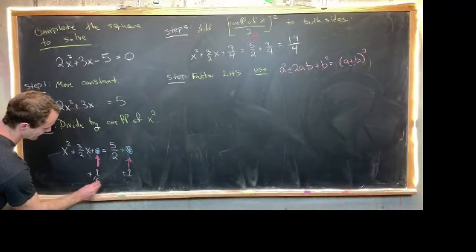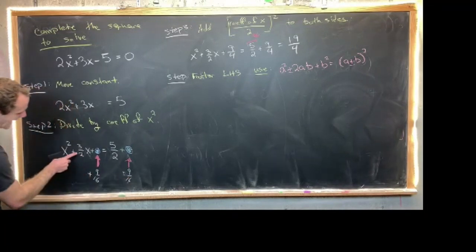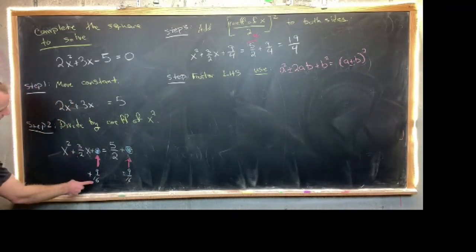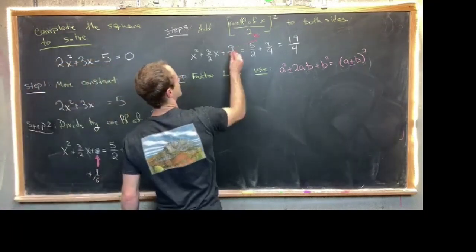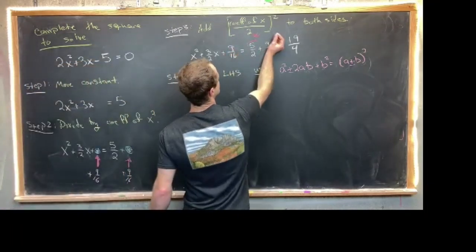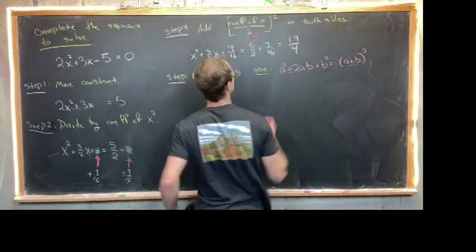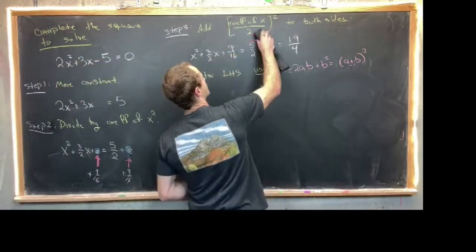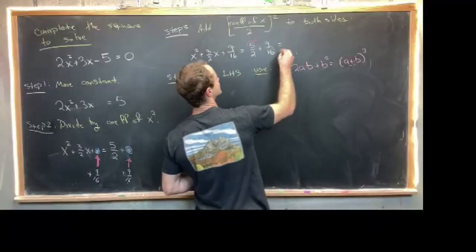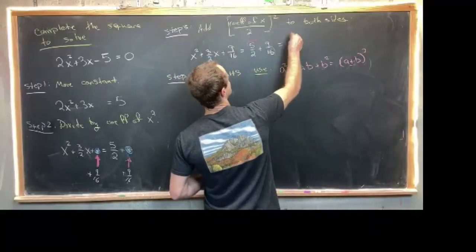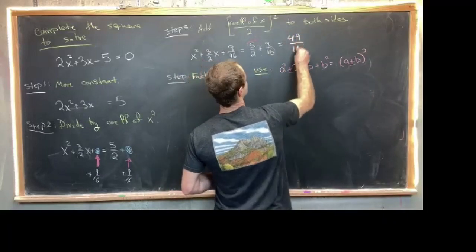So 9 over 16, we take half of this, which would make 3/4, square it, 9 over 16. So let's fix that real quick. So 9 over 16, 9 over 16. So now we can rewrite this as 40 over 16. So that's going to be 49 over 16.